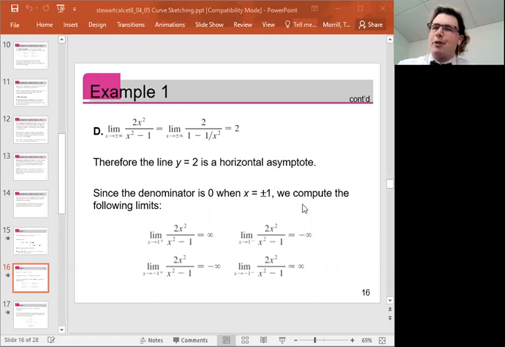And similarly, for vertical asymptotes, I know that I have trouble when x equals plus or minus 1. And I can check that these limits do go to positive and negative infinity, depending on what side of the function I'm on. So when I'm sketching, this information here will tell me exactly which way the function goes, whether it's up to positive infinity or down to negative infinity.